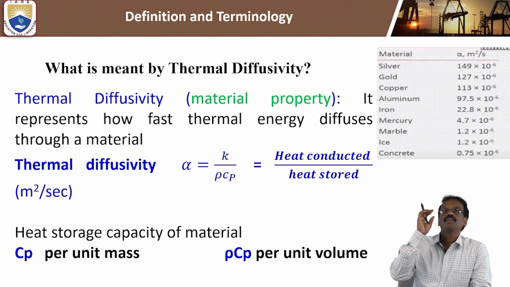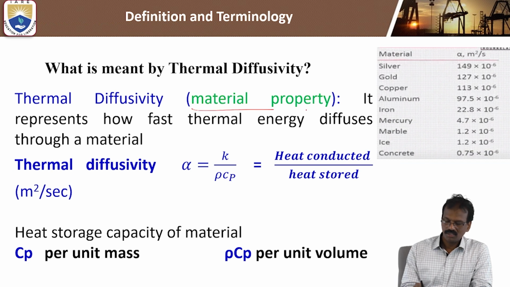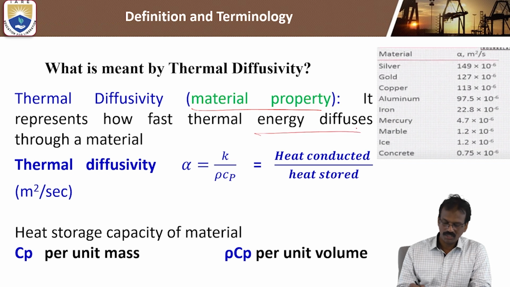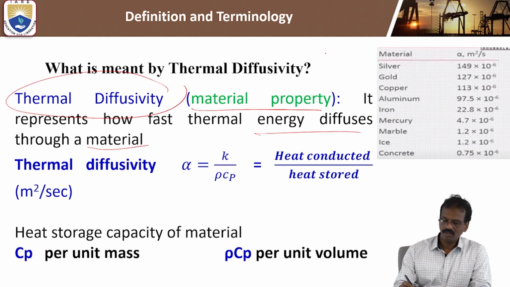What is the importance of thermal diffusivity? Thermal diffusivity is a material property. It represents how fast thermal energy diffuses or passes through a material. How fast thermal energy diffuses through the particular material, that is called thermal diffusivity.